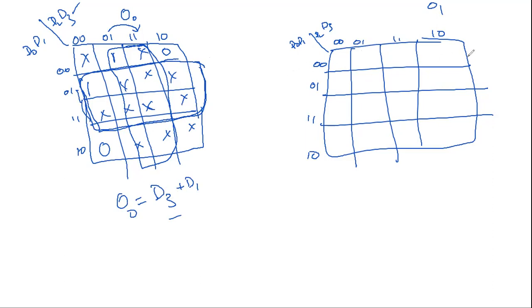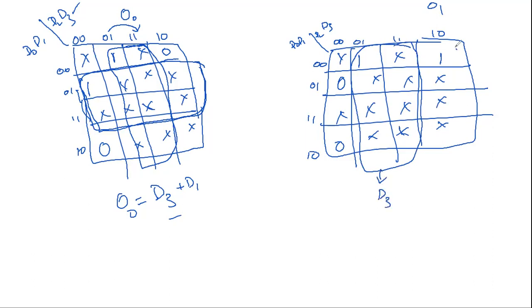Now here, for O1, 1 and 2 are ones, 4 and 8 are zeros. Remaining all are don't cares, right? So this is one octet, the expression is D3. This is another octet, the expression is D2. So O1 is D2 plus D3.